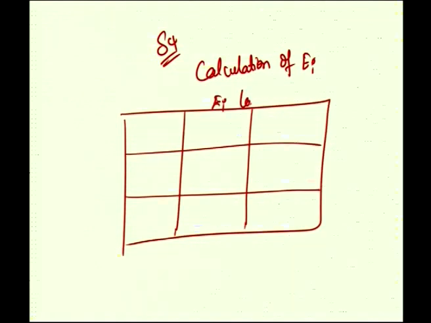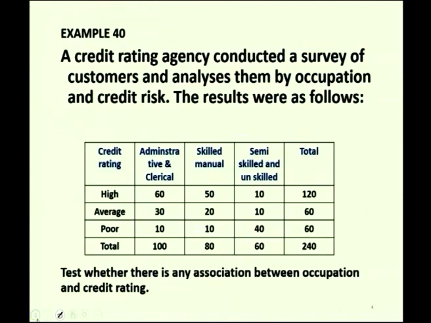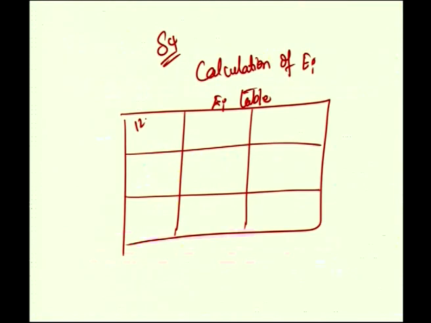This is EI table. Now, just look at the row totals. 120 into 100 divided by 240, isn't it? 120 into 100 by 240, which is 50. Similarly, for this cell it is 40, and this is 30, 25, 20, 15, 25, 20 and 15.